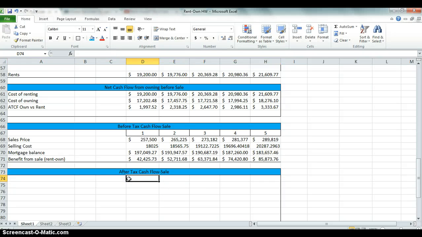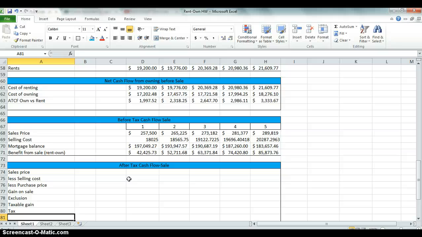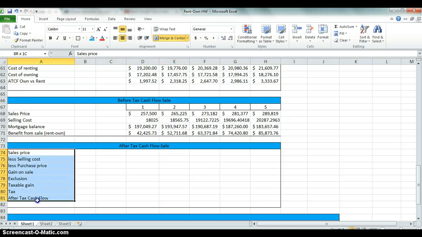In order to calculate the after-tax cash flow from the sale, we're going to have a sales price, less selling cost, which we just calculated, less purchase price, gain on sale, exclusions, taxable gain, tax, and finally after tax cash flow from the sale. We're just going to move these all down a little bit.